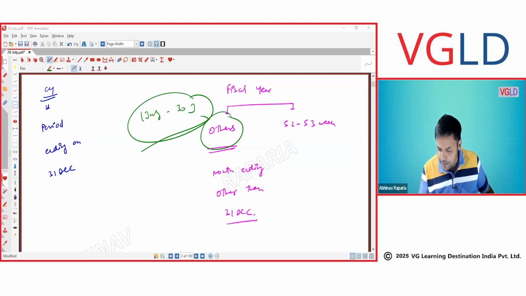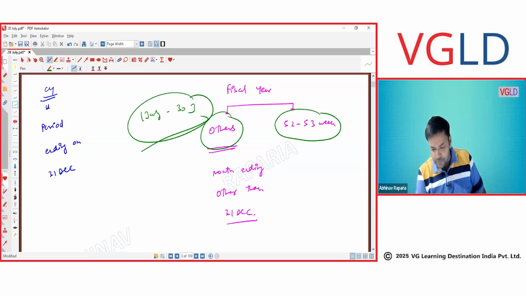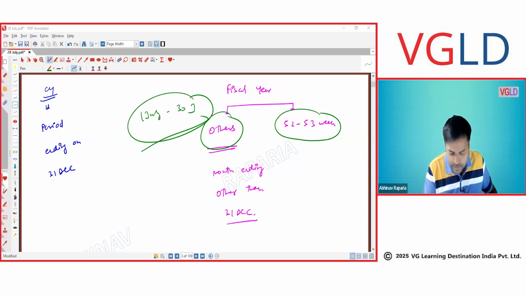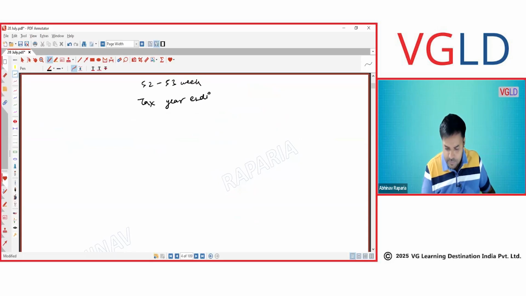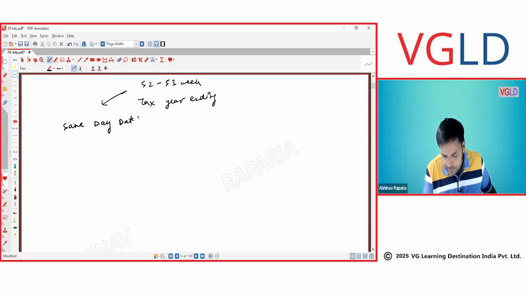I'll talk about the 52 to 53 week tax year now. In this, we have two more categories, guys. The 52 to 53 week tax year ends on the same day, not date, of the last week.